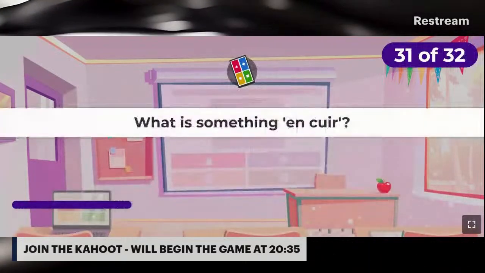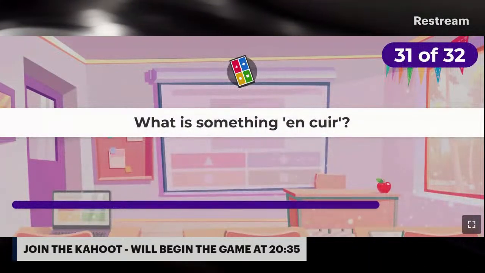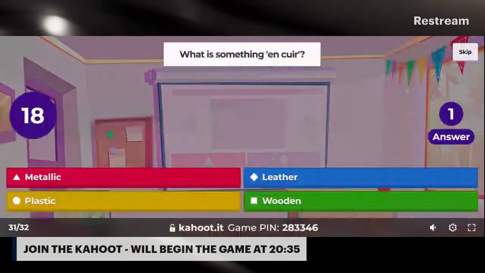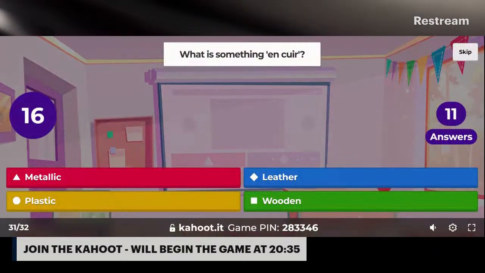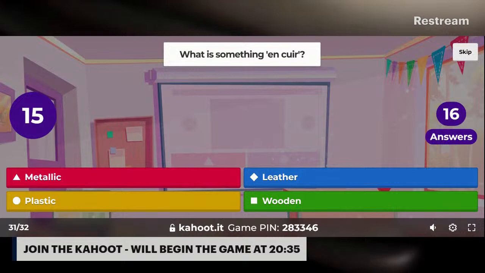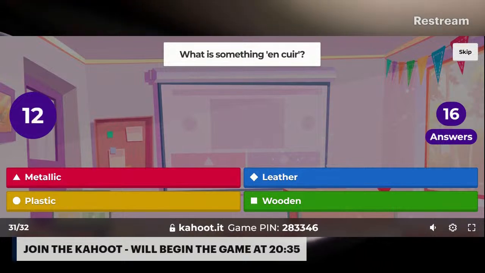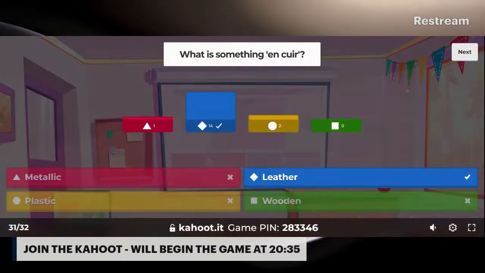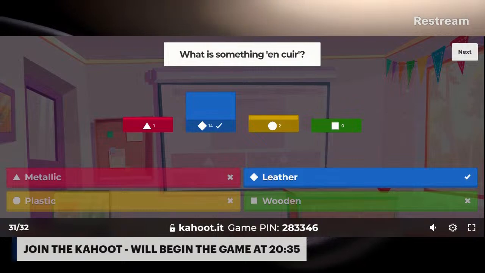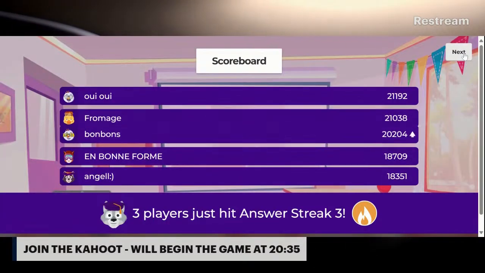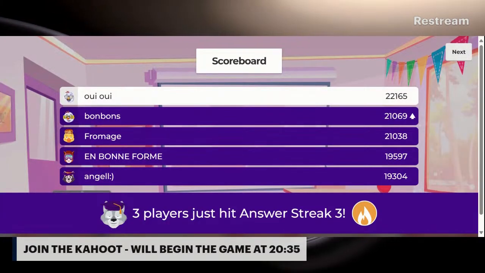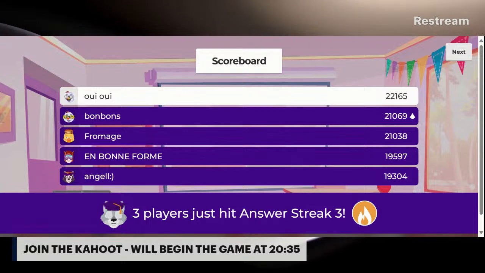Next, what is something en cuir? I literally just said this, so you should know. Yep, it is leather. Well done. And I think this must be the last question now.